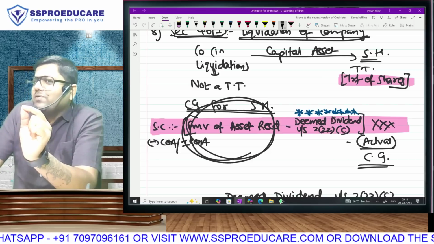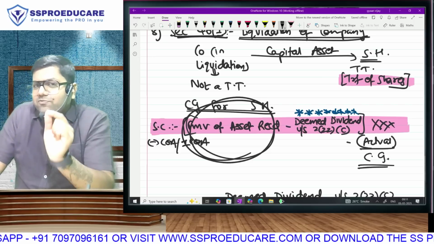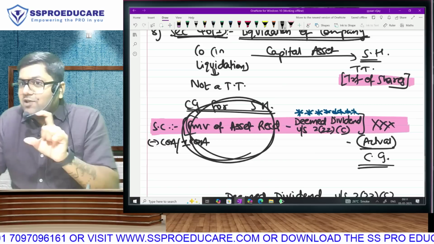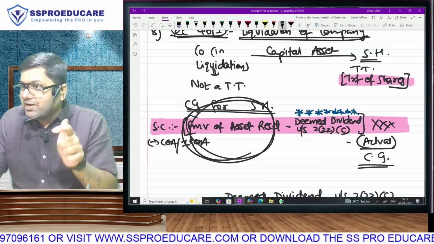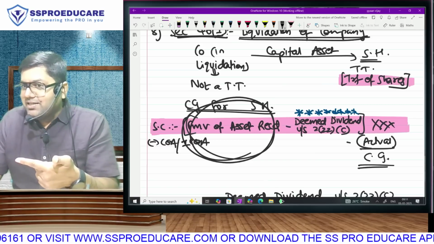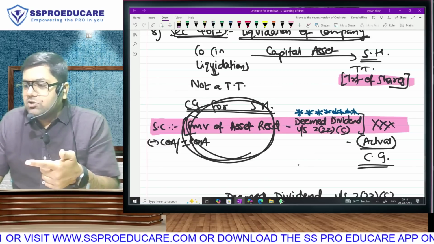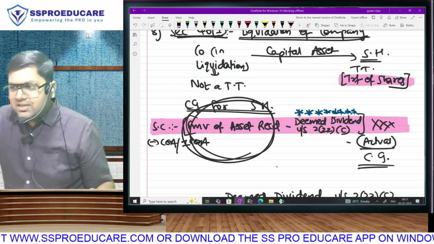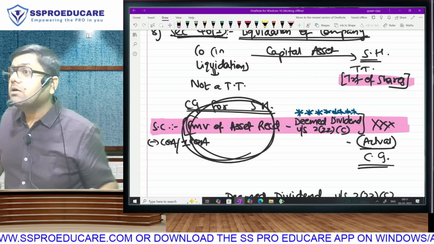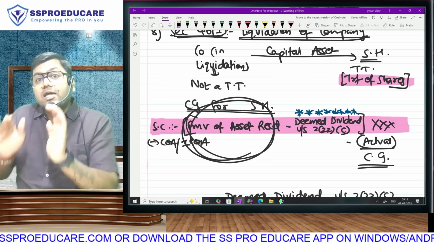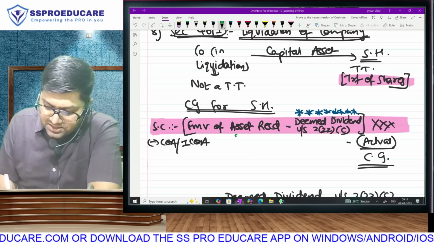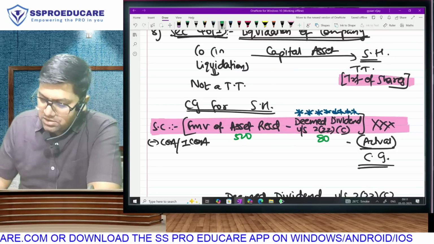Just one small twist, that a portion of that fair market value is your distributable profits. And whatever is that distributable profit, in our example, that amount is 80 lakh. Is that also taxable? Yes! Do I have to pay tax on that? Yes! But under IFOS. So for capital gain purposes, it is 500, but this 80, I am subtracting.